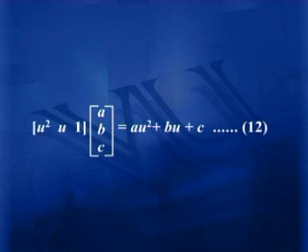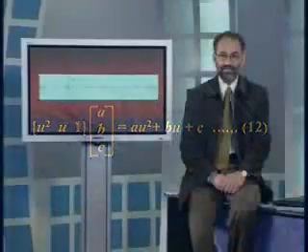Add to it the product of u and B, the second element in the row and second in the column, and similarly the third element of the row with the third element of the column, they multiply together to give 1 times C. So as a result, what we will have would be Au squared plus Bu plus C. Let's mark this equation as equation 12.